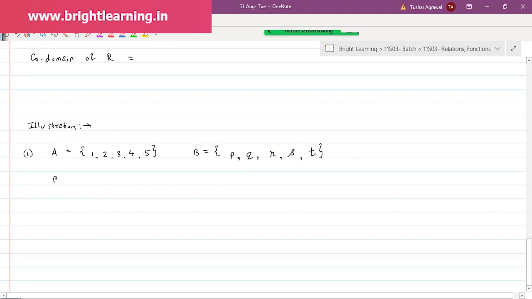Consider R1. R1 is equal to, let's say, {(1, P), (2, P), (3, S)}.